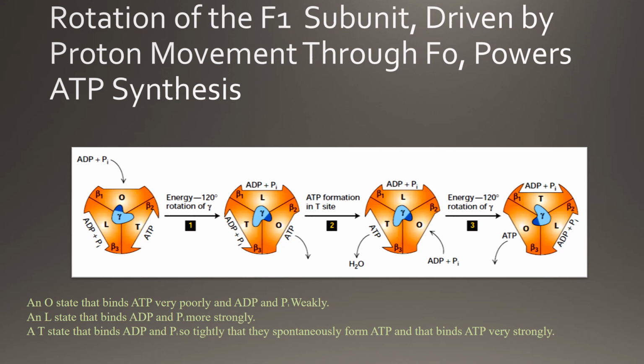Each of the three beta subunits in the F0F1 complex can bind ADP and Pi and catalyze ATP synthesis. However, the coupling between proton flow and ATP synthesis must be indirect, since the nucleotide binding sites on the beta subunits of F1, where ATP synthesis occurs, are 9 to 10 nanometers from the surface of the mitochondrial membrane.